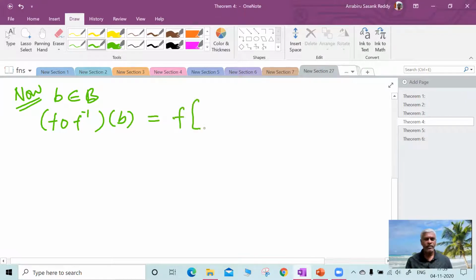Let us find it. I am separating the function by taking the bracket in place of circle: f of f inverse of b.